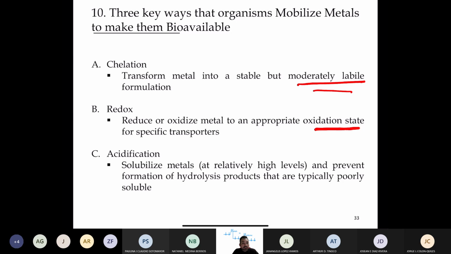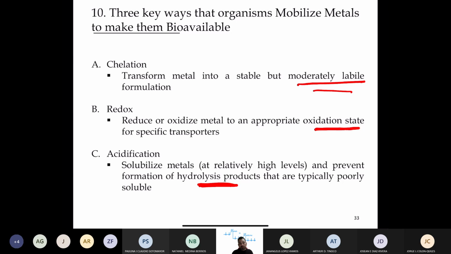And then another process is acidification, where you solubilize a metal at relatively high levels, and then you prevent formation of hydrolysis products that are typically quite insoluble. Oftentimes metals are not by themselves in solution at a pH of 7.4. I mention pH 7.4 because that is the pH of blood. They're not very soluble at that pH.